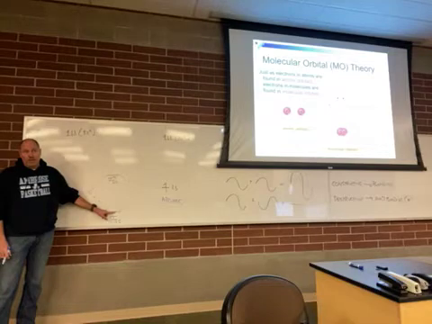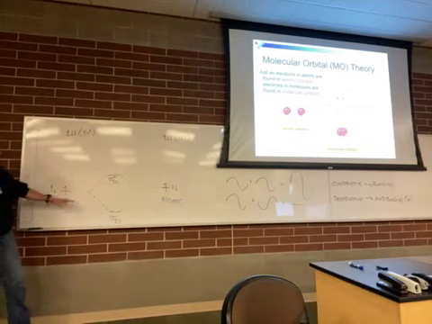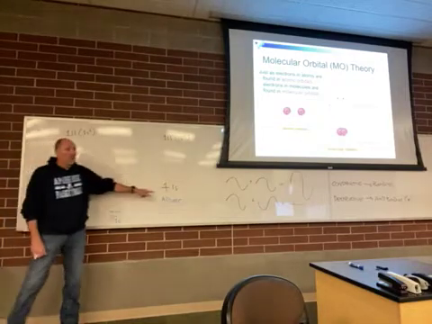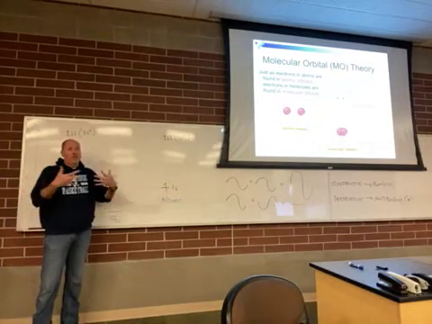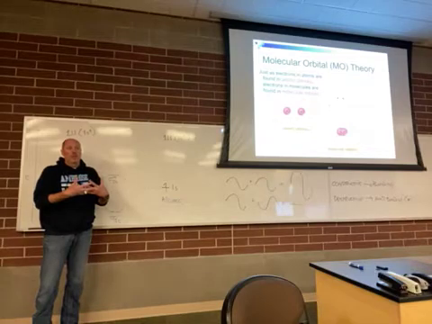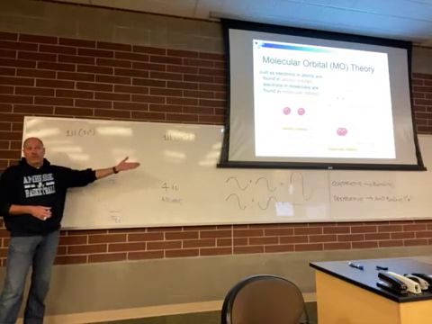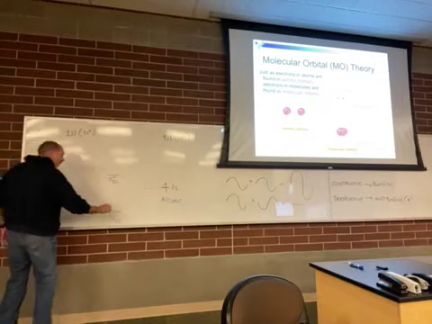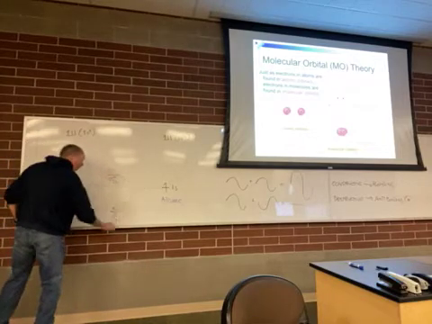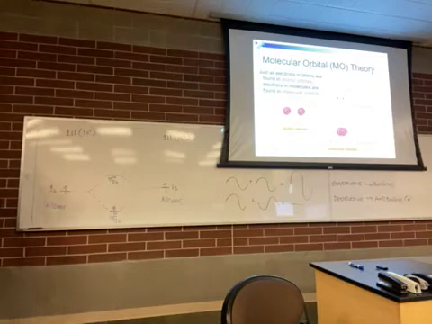We tracking? So here's what happens. When this electron and this electron come together mathematically, they say, oh, I have an open atomic orbital with constructive interference. Let's go ahead and make a molecular orbital and put them down there. Okay?